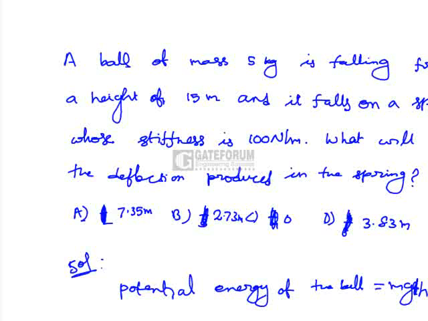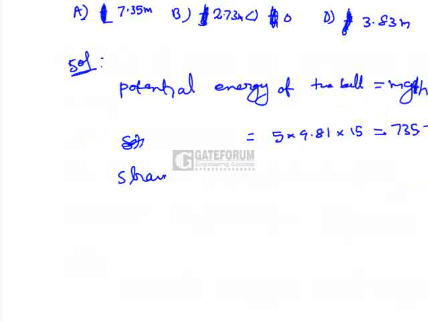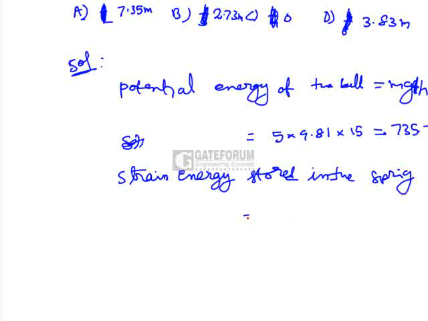Coming to the strain energy stored in the spring, it is given as half kx square, where k is the stiffness of the spring and x is the deflection of the spring, and k is given as 100 Newton per meter, so that it is equal to half into 100, which is 50x square.